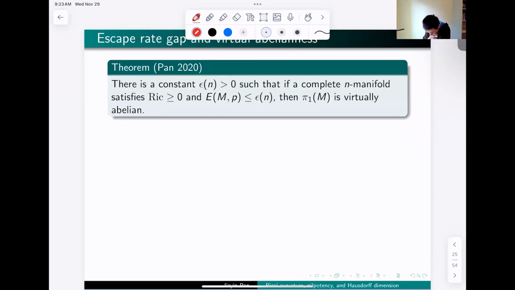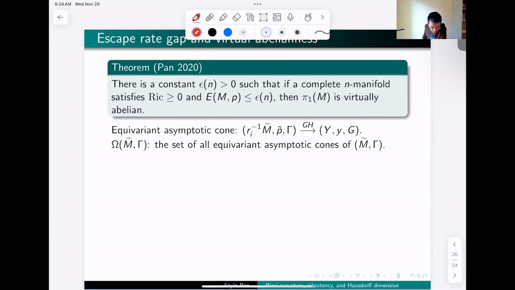So this somehow generalizes the previous result that I mentioned. If all these minimal representing loops stay in a bounded set, then it's virtually abelian. Now we allow them to escape, but as long as they escape at a slow rate, you're still going to have this virtual abelian property.